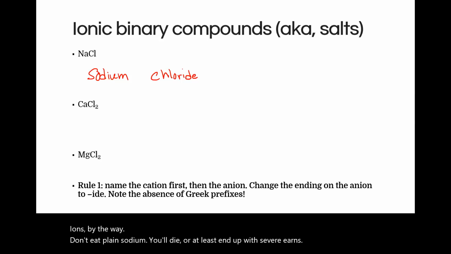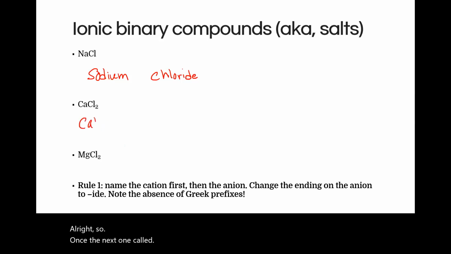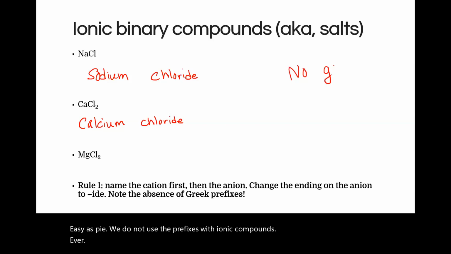All right, so what's the next one called? Calcium chloride. Easy as pie. We do not use the prefixes with ionic compounds, ever. It's a rule.